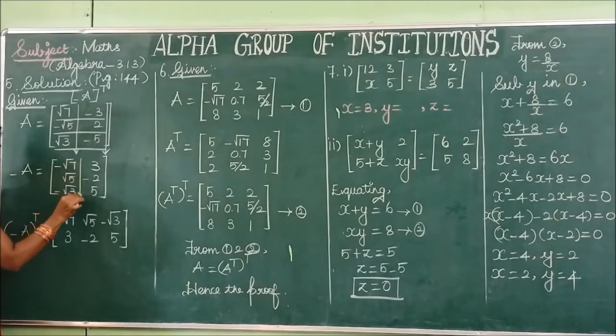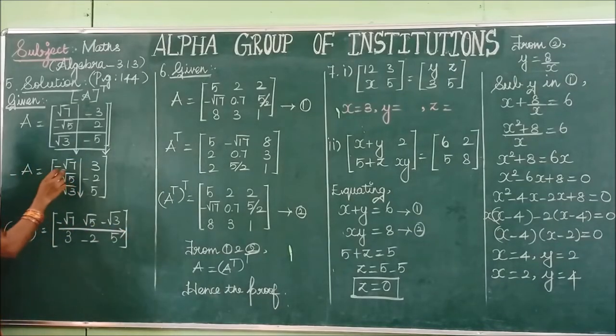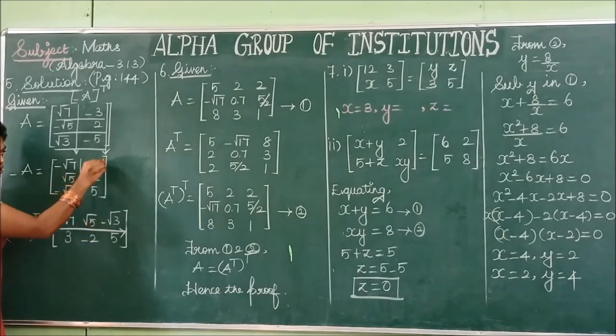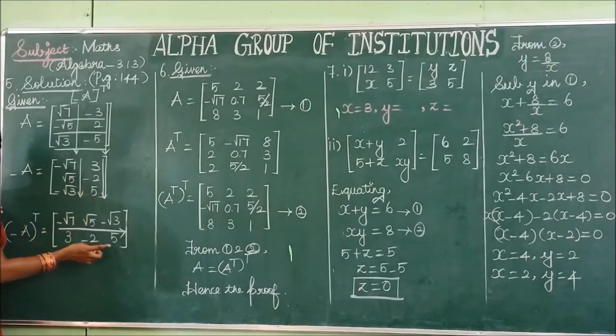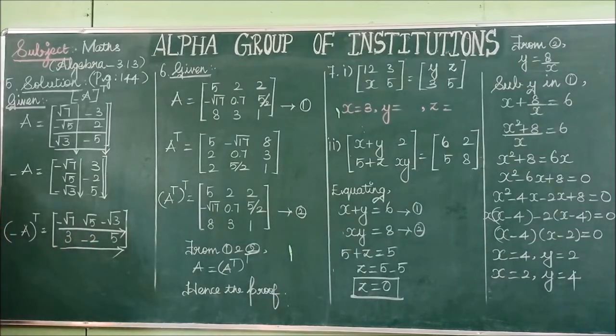This column gets interchanged as a row. This minus root 7, root 5, minus 3 will be written as a row. Then next, this 3, minus 2, 5 will be written as another row. This column will be written as another row: 3, minus 2, 5.